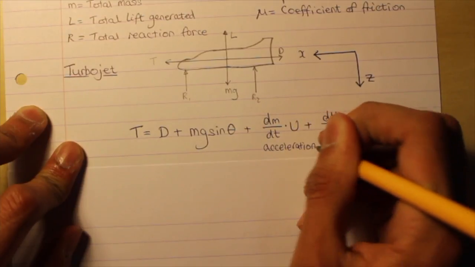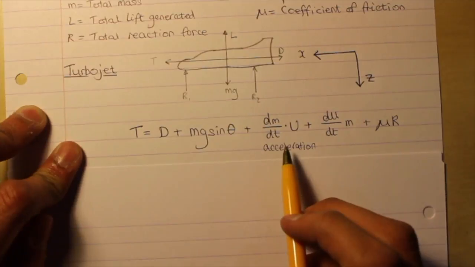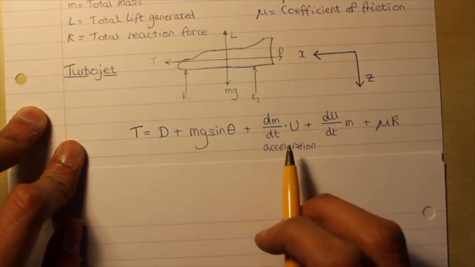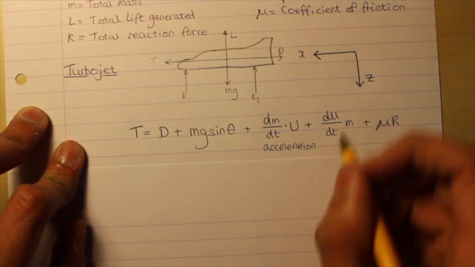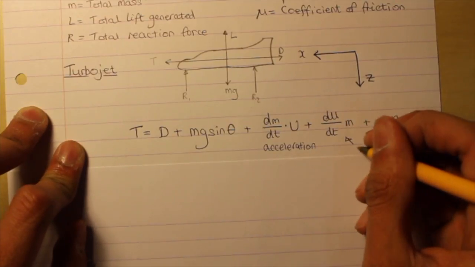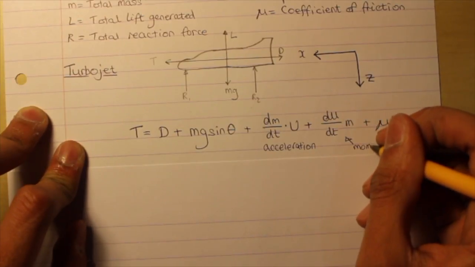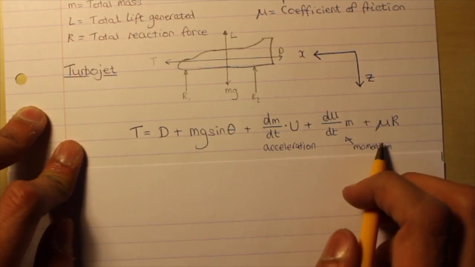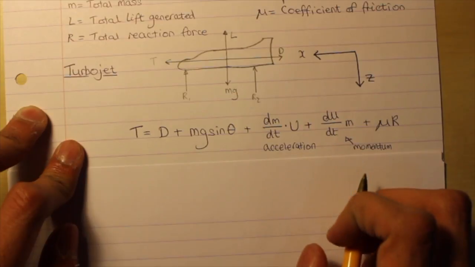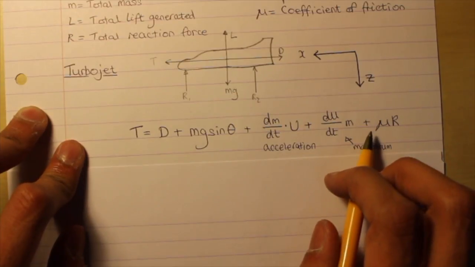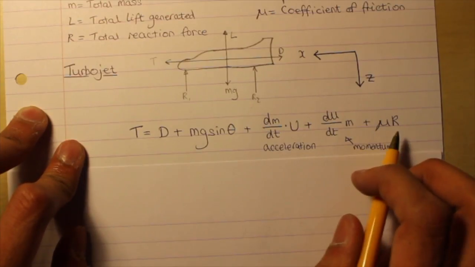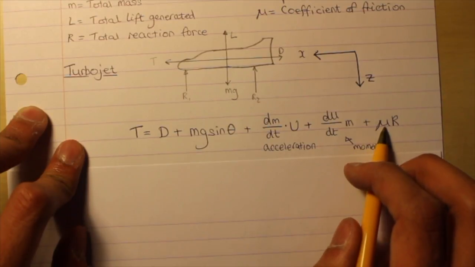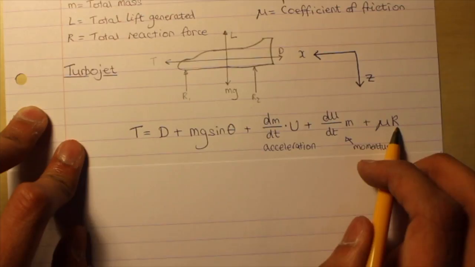However, it's due to a change in mass, which can occur from dropping weapons or supplies, not due to a change in speed. Our next value here is simply the momentum. So we know that momentum is the rate of change of velocity, and then, it's the force due to momentum. And then finally, we have mu R, which is the runway friction, mu our coefficient of friction, R our reaction forces.